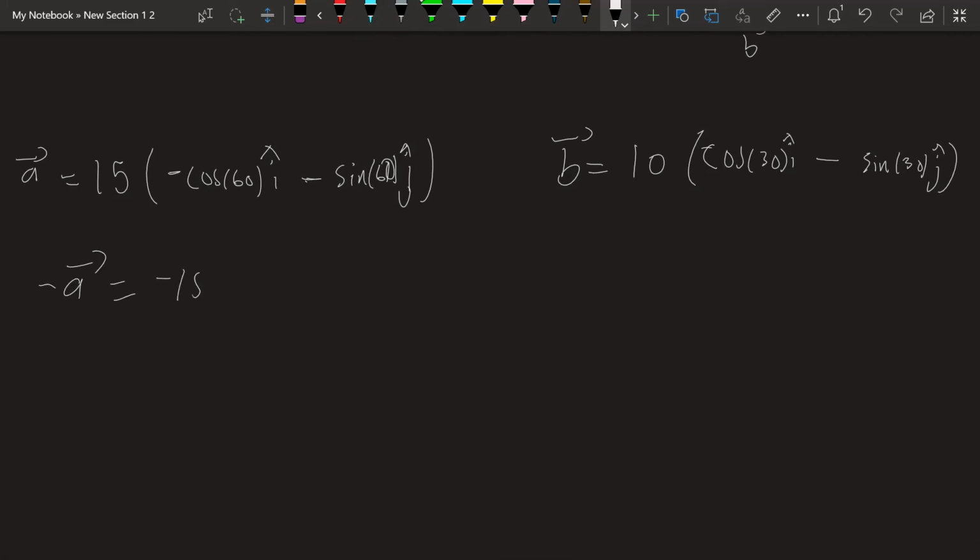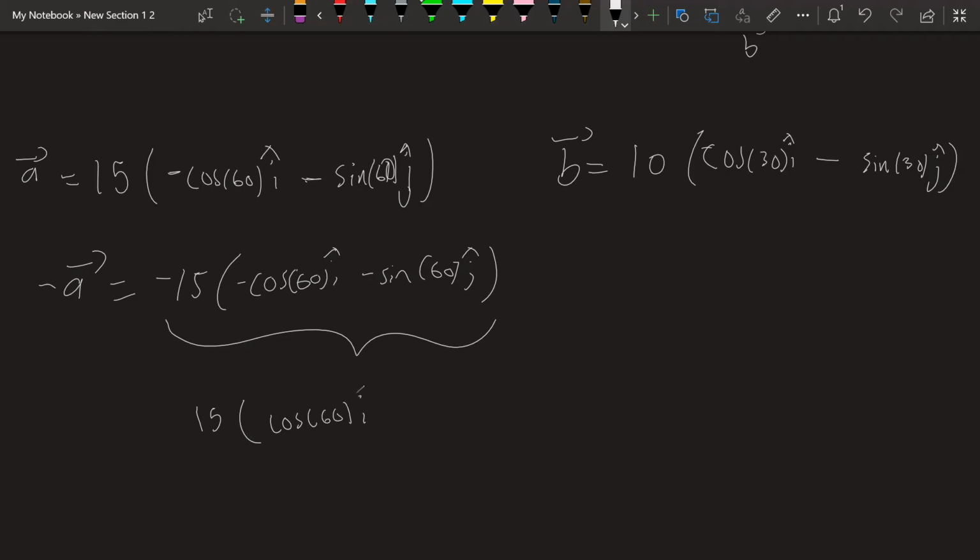So minus A is going to be minus 15 into minus cosine 60i minus sine 60j, right? This is equal to 15 multiplied by cosine 60i, we just distribute the negative, plus sine 60j. Okay, this is A. This is minus A. And now we need to sum this and this up, right?